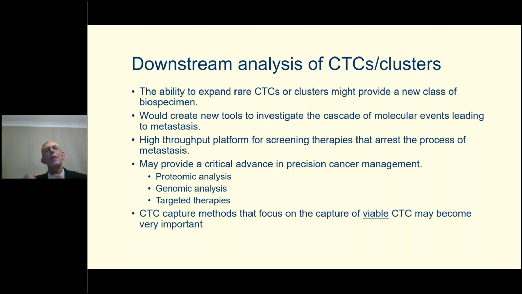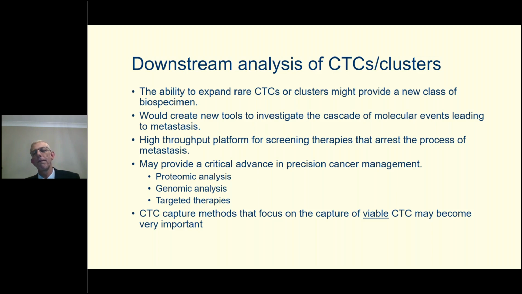So I'm going to suggest possibly that a biobank for circulating tumour cells might be a really important thing that might answer some very fundamental questions around CTC biology. The ability to identify CTCs, and particularly clusters, might create new tools to investigate the cascade of molecular events leading to metastases.